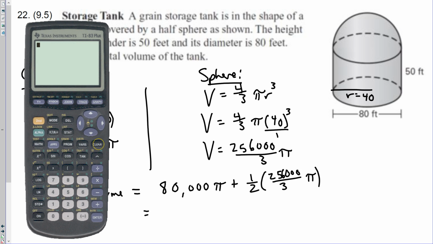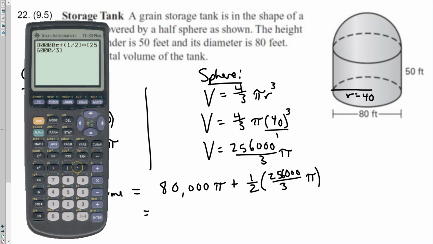So since I'm running into some nastiness in terms of my values, they're getting kind of big, we're already pretty much at our final answer. We could just very carefully type it into the calculator. So 80,000, use your pi key, plus, I'm going to put my fraction in parentheses, 1/2, times 256,000 divided by 3.